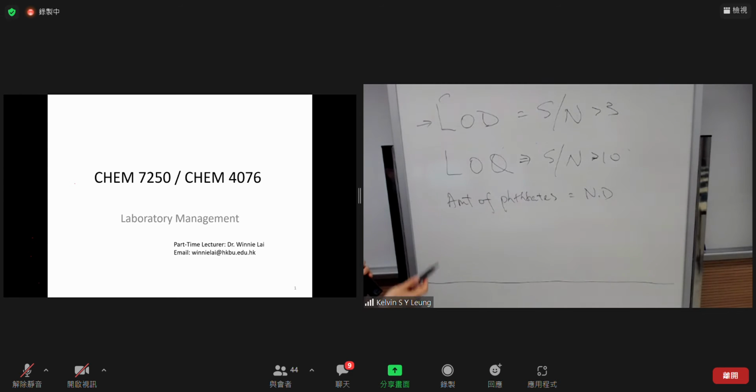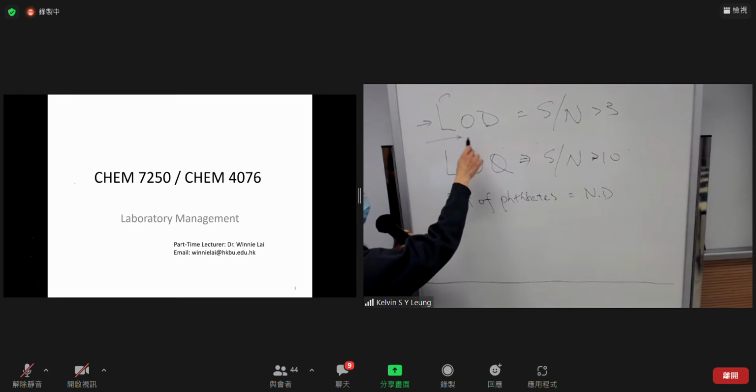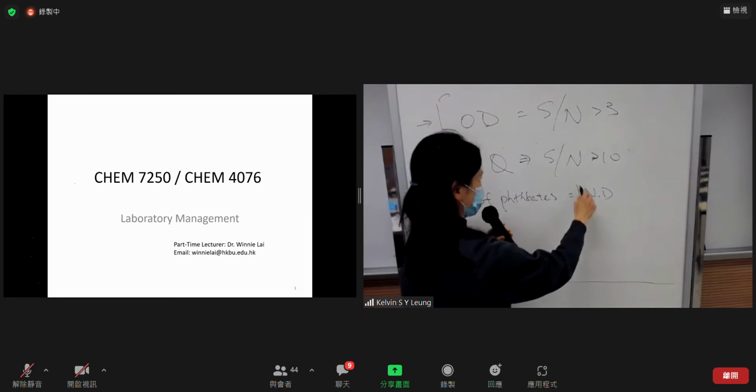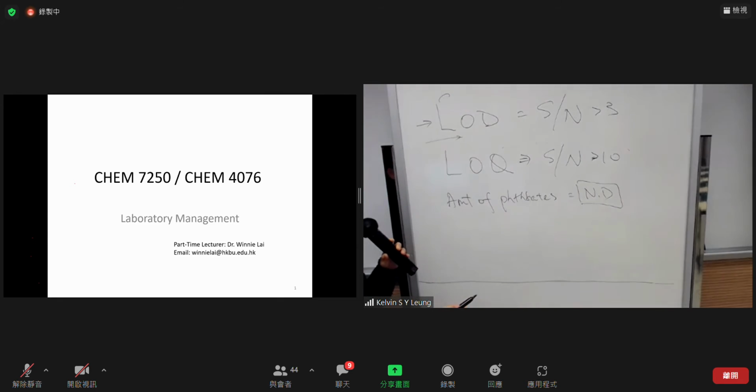What this means is that they have done their method validation with the limit of detection. Any level that is lower than the limit of detection, they will report as ND, okay? For the LOQ, they have done some studies, and they will confidently detect at a certain level.